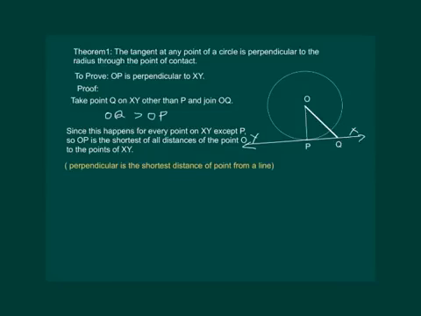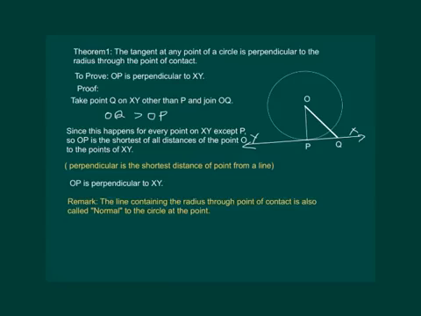But we know from our previous knowledge that perpendicular is the shortest distance of a point from a line, implying that OP is perpendicular to XY. Hence, we have proved the theorem that tangent at any point of a circle is perpendicular to the radius through the point of contact.